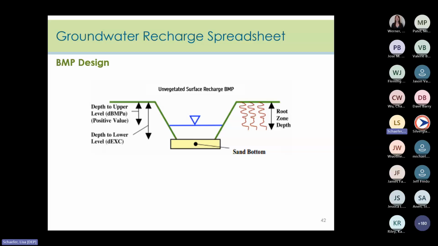DEXC is the vertical distance from the vegetated ground surface to the bottom of the BMP, which is the full distance from the bottom of the BMP up to the ground level surrounding the BMP.